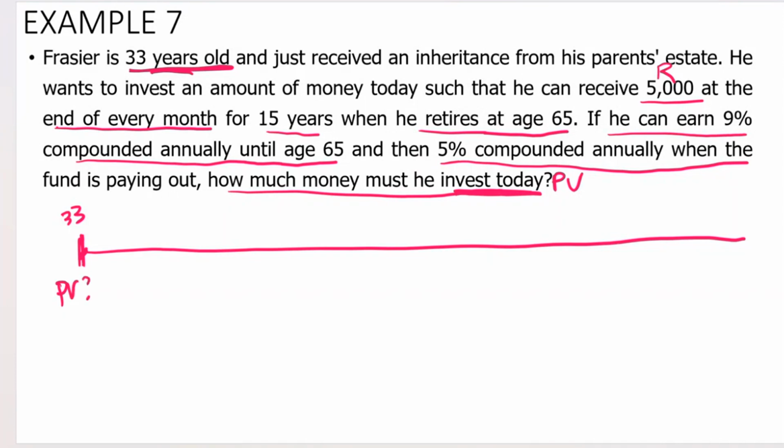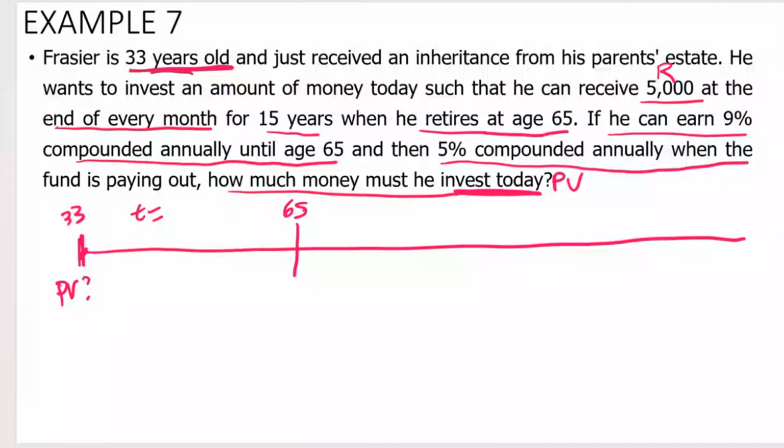Okay, so this is just a normal investment. The only time he's going to start receiving the annuity is at the age of 65. So this investment is going to be running between 33 and 65. So the time of this investment is 65 minus 33, which is equal to 32.